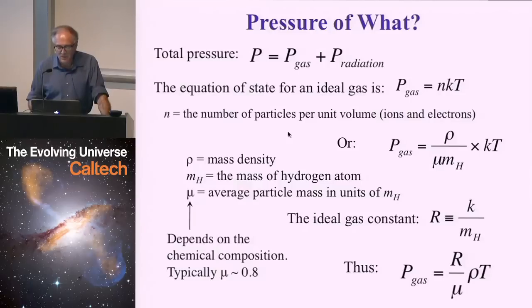So this quantity mu is called the mean molecular weight, and it is the average mass of particles. If you had pure neutral hydrogen, that would be 1. If you have fully ionized hydrogen, now you have 2 particles and the same amount of mass, so mu will be 1/2. If you start adding heavier elements, then that's going to go up.